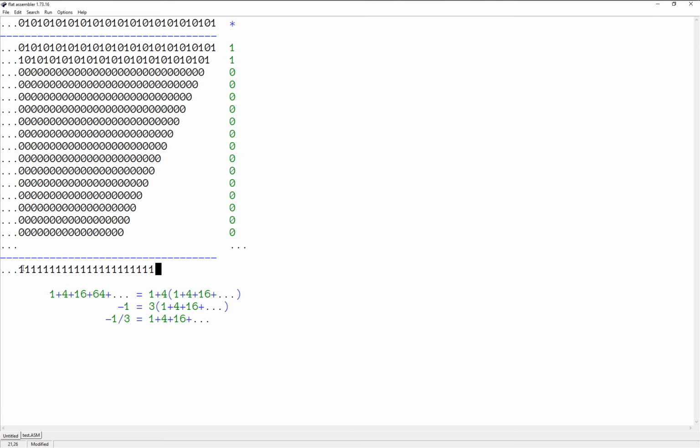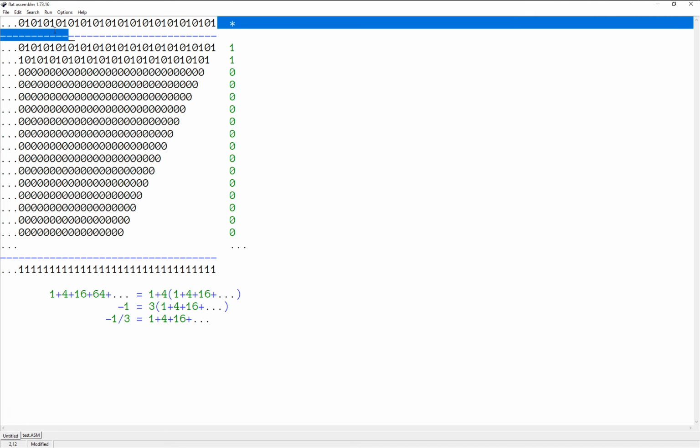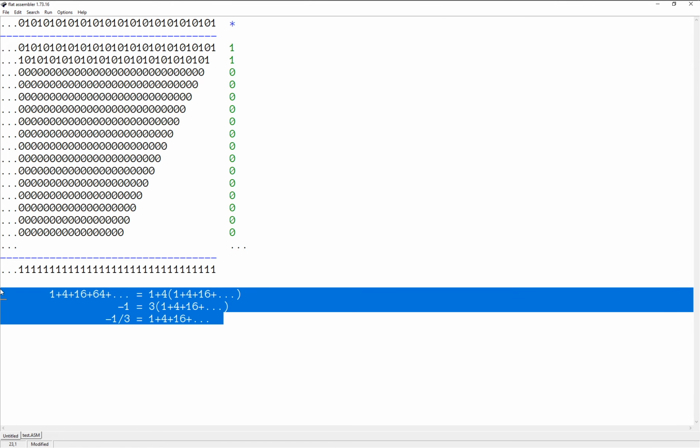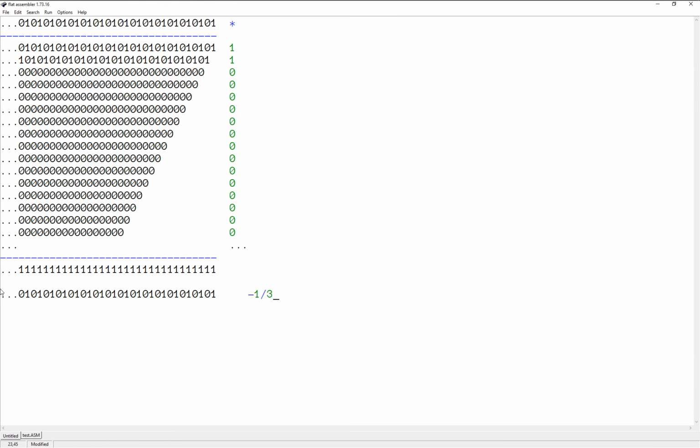So this is indeed going to be -1. And so this number is -1/3. And if we add 1 to it, we are going to get -1/3 plus 1, which is 2/3. And we can also shift it 1 bit to the right. And shifting to the right is the same as dividing by 2. So this is 1/3.